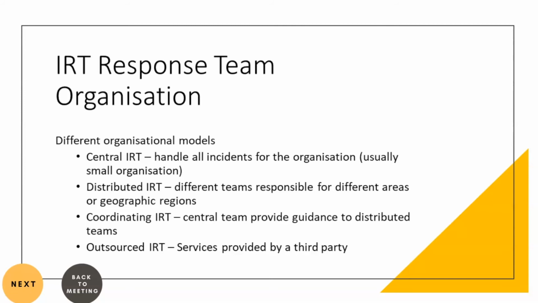Once we decide which team we require, we can define the model in our organization, like a central incident response team, a distributed incident response team, a coordinating incident response team, or an outsourced incident response team.